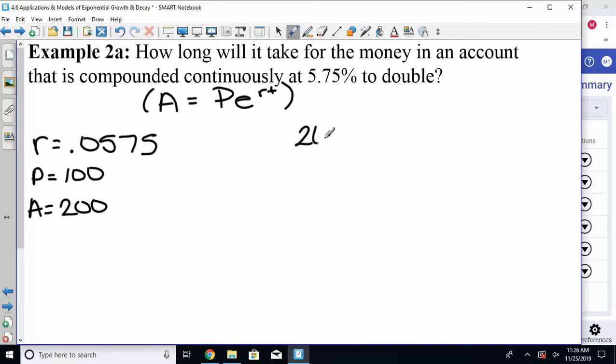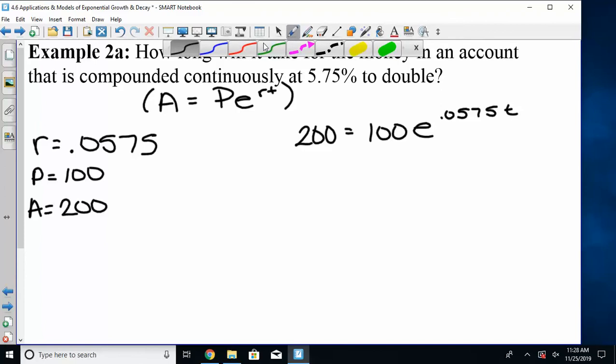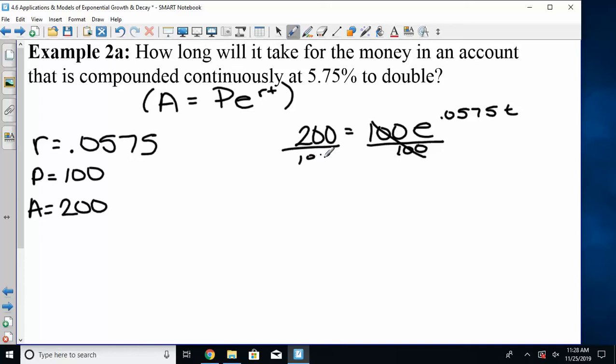Okay, so if we plug this in, alright, you guys solve that equation. So to get the e by itself, you have to first divide by the 100 because it's multiplied. Then what should you do?